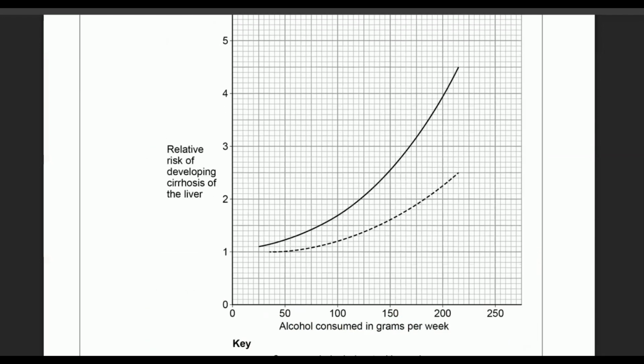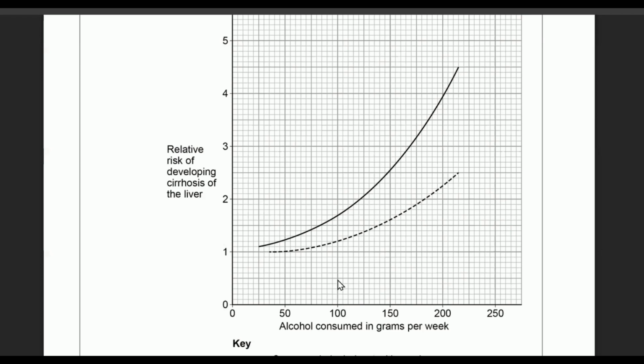So what we can say here, look, if you drink alcohol, your risk is increased. Whether it's with meals or without meals, it's increased relative to people who don't drink. And we can give evidence for that. We can just give any data.